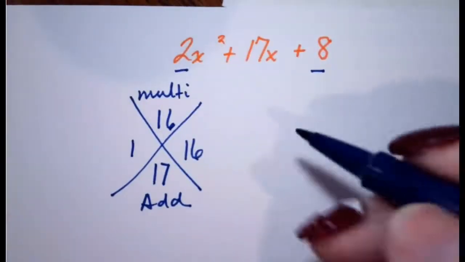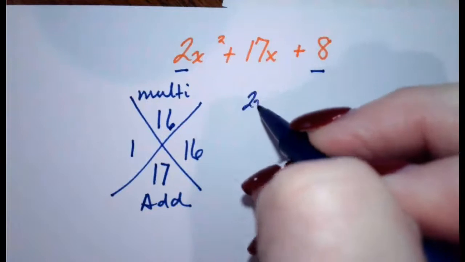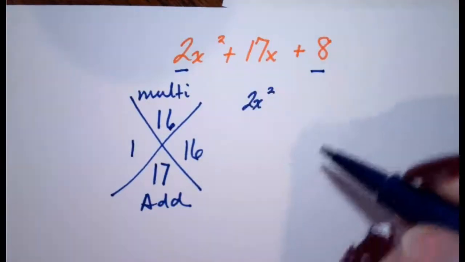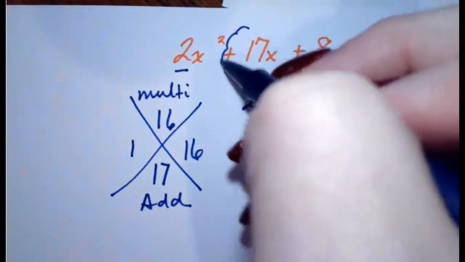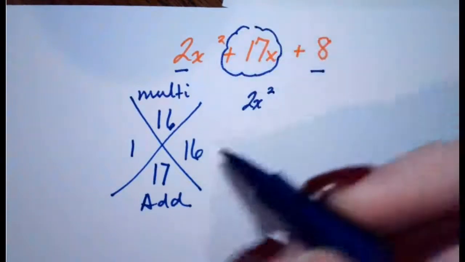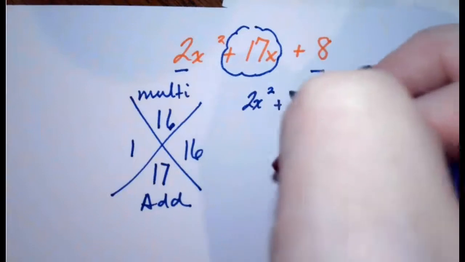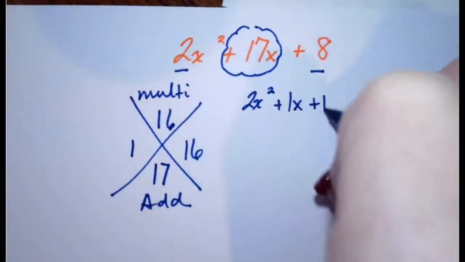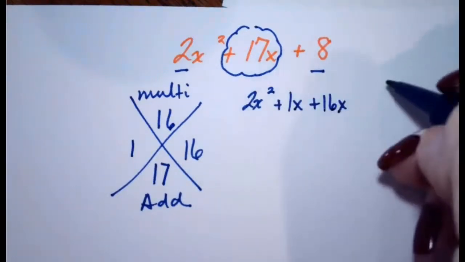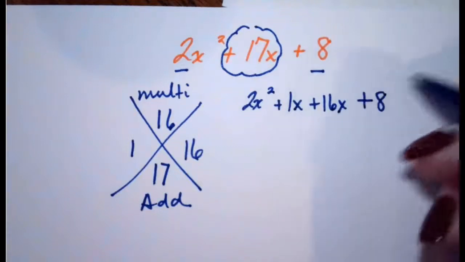So what we're going to do instead is take 2x squared, and instead of 17, we're going to put these two new numbers that we got. Plus 1x plus 16x, and then we're going to put plus 8.